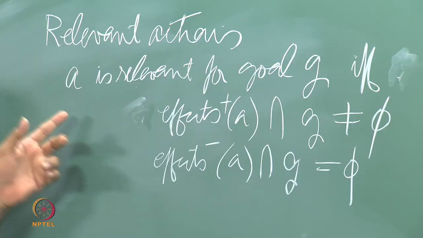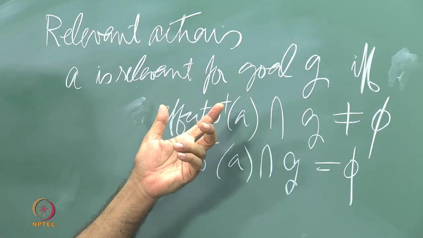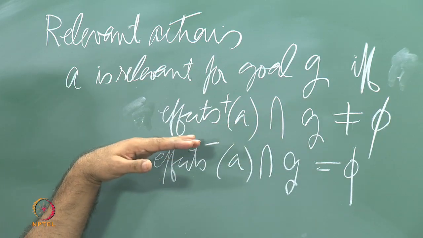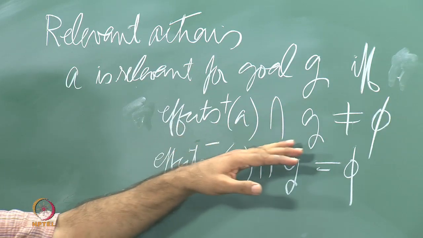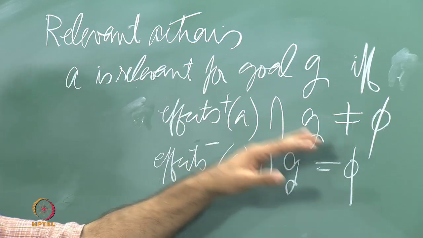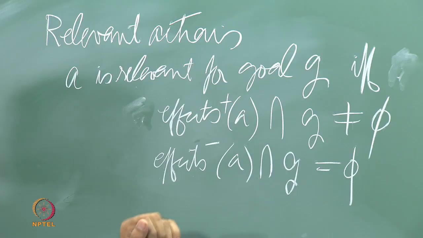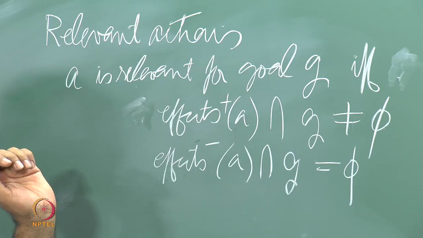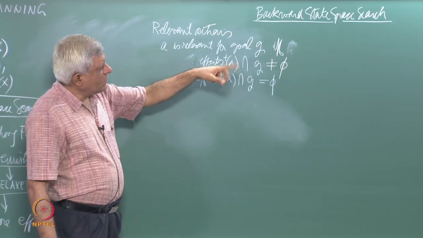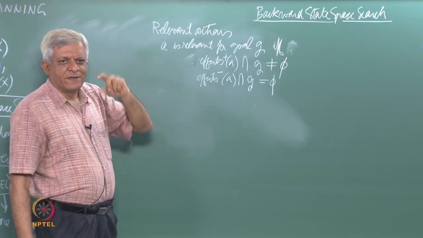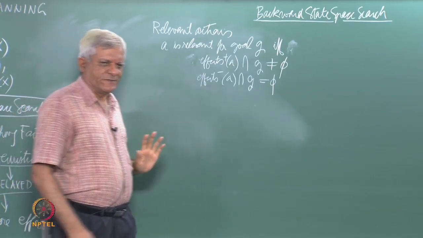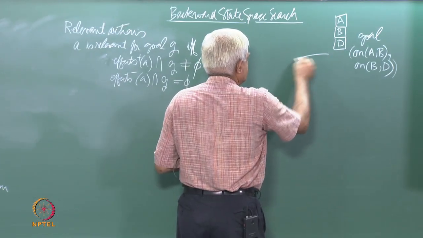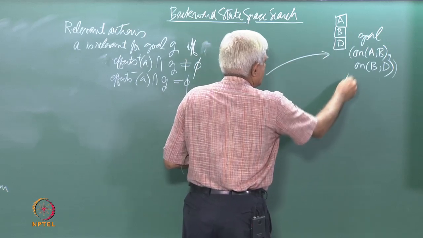So, we say that an action A is relevant to a goal if the positive effects of A has something for the goal, which means the intersection with goal is not empty, and the negative effects intersection with the goal is empty essentially. So, we have now two predicates in our goal, and you can see that two actions are relevant essentially. Can you tell me what are those two actions?